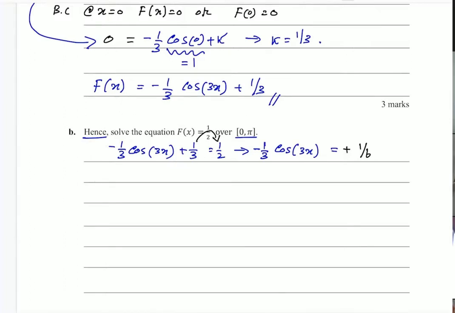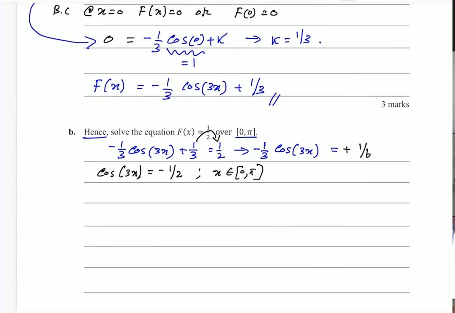Plus, yeah, plus 1 divided by 6. So now you can see cos 3x is equal to minus half. You have the domain 0 to pi.